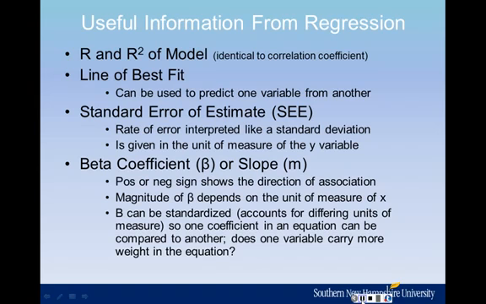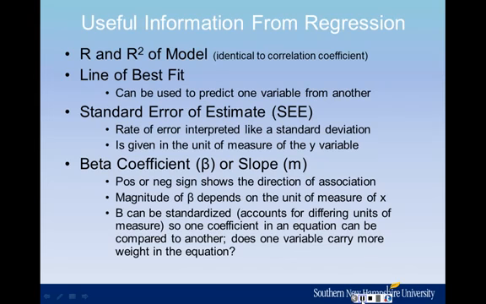Sometimes you'll see people reporting a beta coefficient. Beta coefficients can be positive or negative, and it shows the direction of the relationship. X is related to y positively when the slope is positive, and x is related to y negatively when the slope for x is negative. So a slope's positive or negative sign shows the direction of the association between that x and the y.